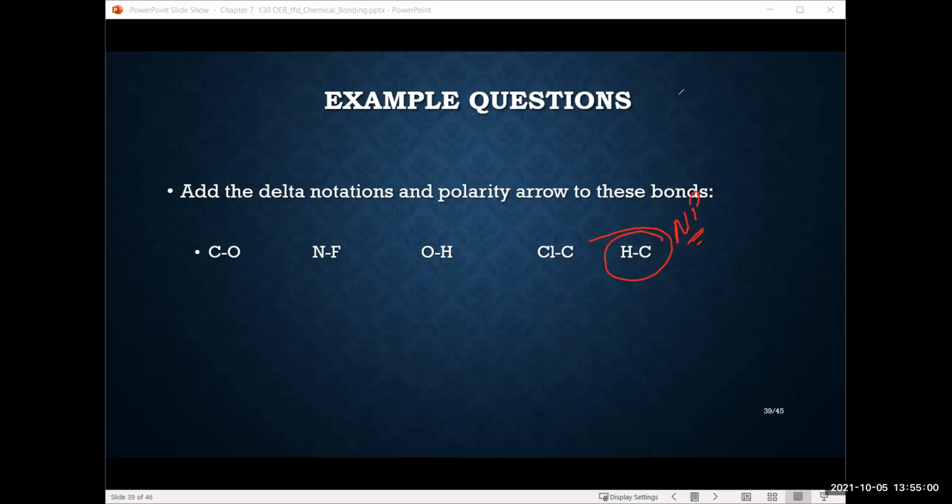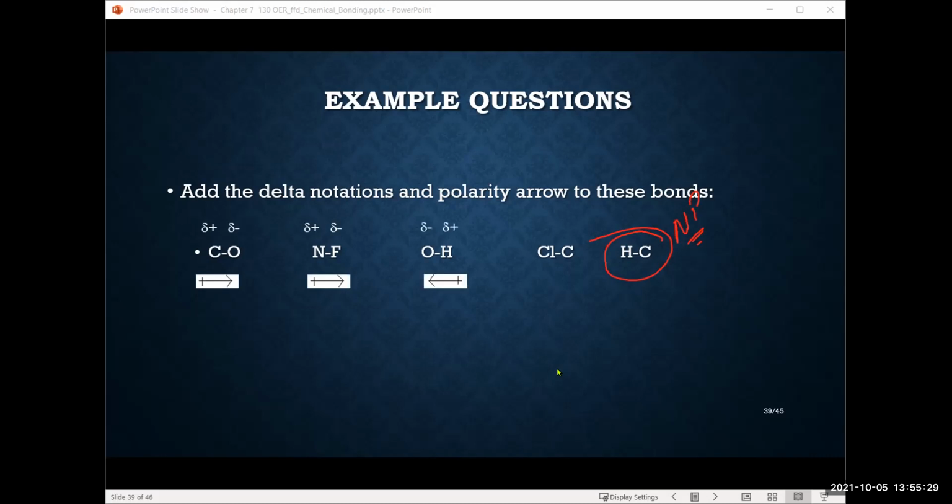Now we need to decide in which direction the polarity goes. That is where we find their relative position relative to fluorine, and we can write the arrow and the delta notation. Oxygen is a lot more electronegative, so we have the arrow going toward oxygen. Nitrogen fluorine bond, automatically fluorine, no questions asked, because fluorine is the most electronegative atom.